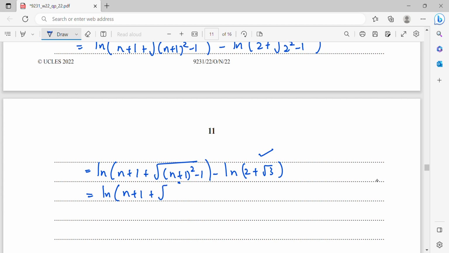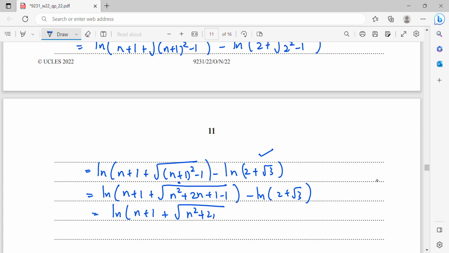So do the quadratic expansion, n squared plus 2 plus 2n, then plus 1 minus 1, then minus ln 2 plus root 3. Therefore ln n plus 1 plus square root n squared plus 2n minus ln 2 plus root 3.